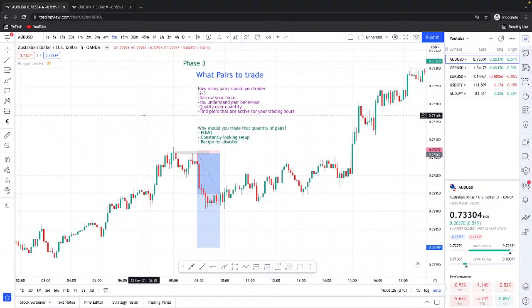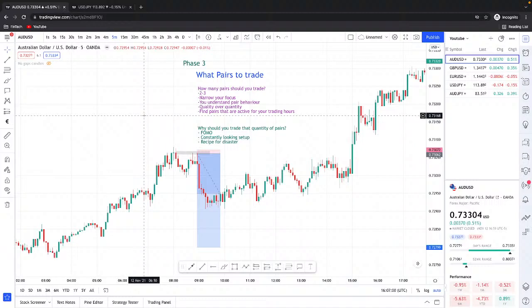Then you will get confidence: at this time they move like this, at that time they move like that, and in this situation they move like this, and so on. Believe me, it's just the screen time and the effort required. You will notice the pair behaviors if you constantly focus on 2 to 3 pairs.